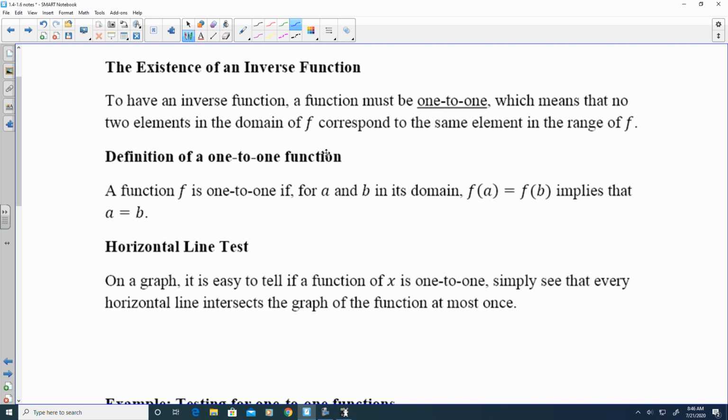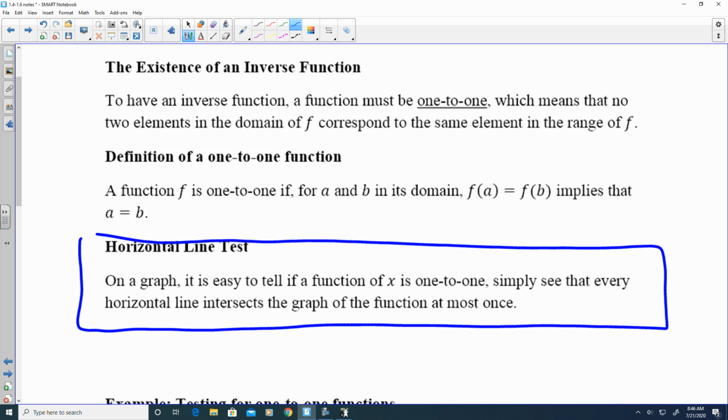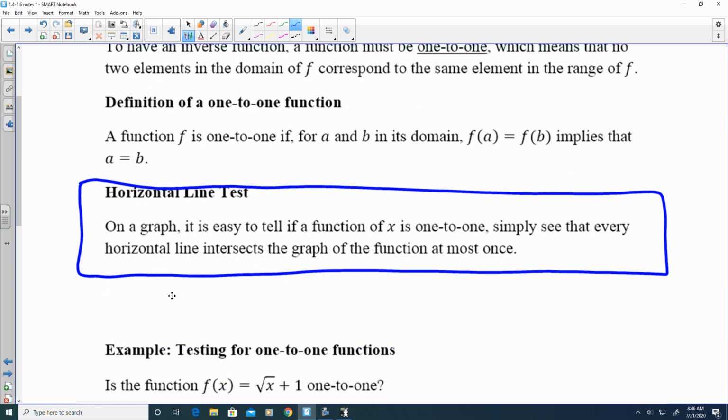That's also confusing. The method that we're going to use is the horizontal line test because we have graphing calculators at our disposal, and this is going to be the easiest way. Even visually, we'll be able to tell whether a function has an inverse using this. So on a graph, it's easy to tell if a function is one-to-one, simply seeing that every horizontal line only intersects the graph once.